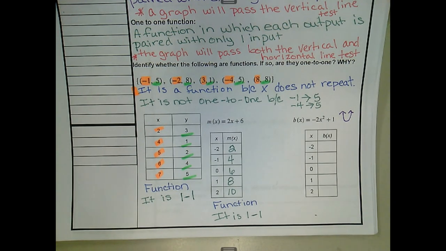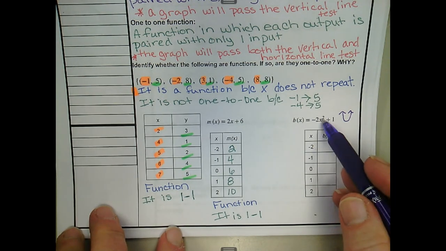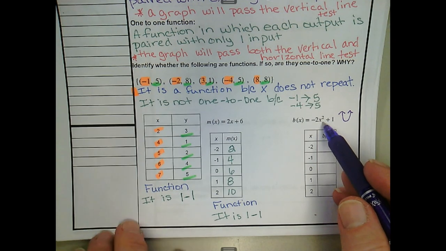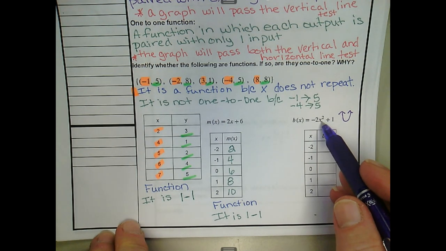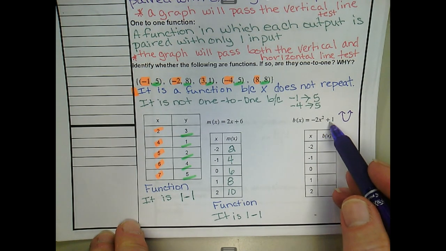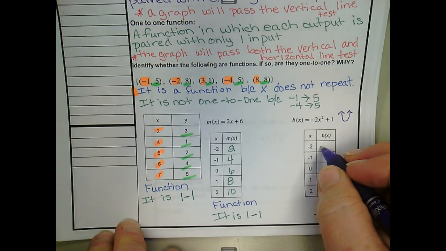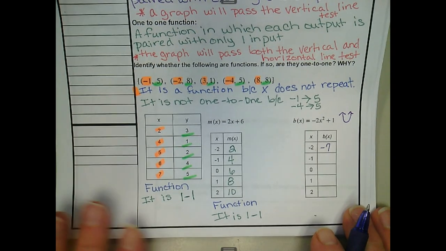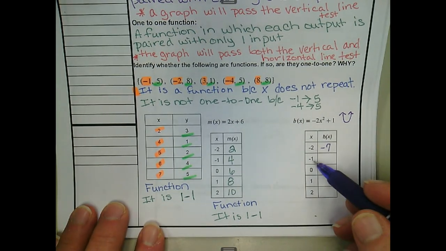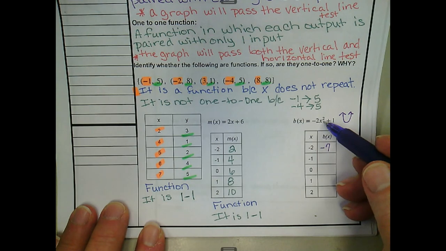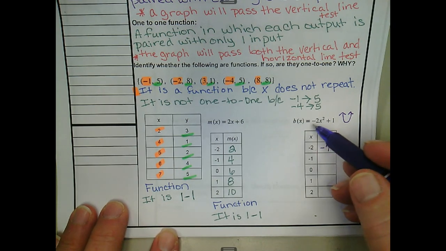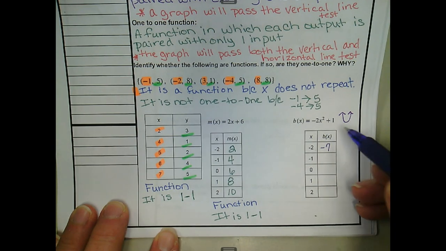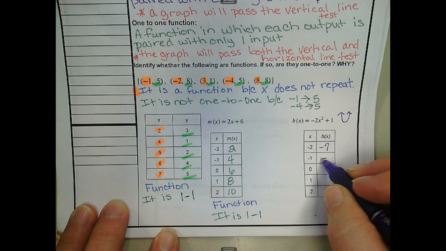Let's find out. Okay, negative 2 squared. So negative 2 times negative 2 squared. Negative 2 times positive 4 is negative 8. Plus 1 is negative 7. Okay, negative 1 squared. Negative 1 times negative 1 is positive 1. Negative 2 times positive 1 is negative 2. Plus 1 is negative 1.